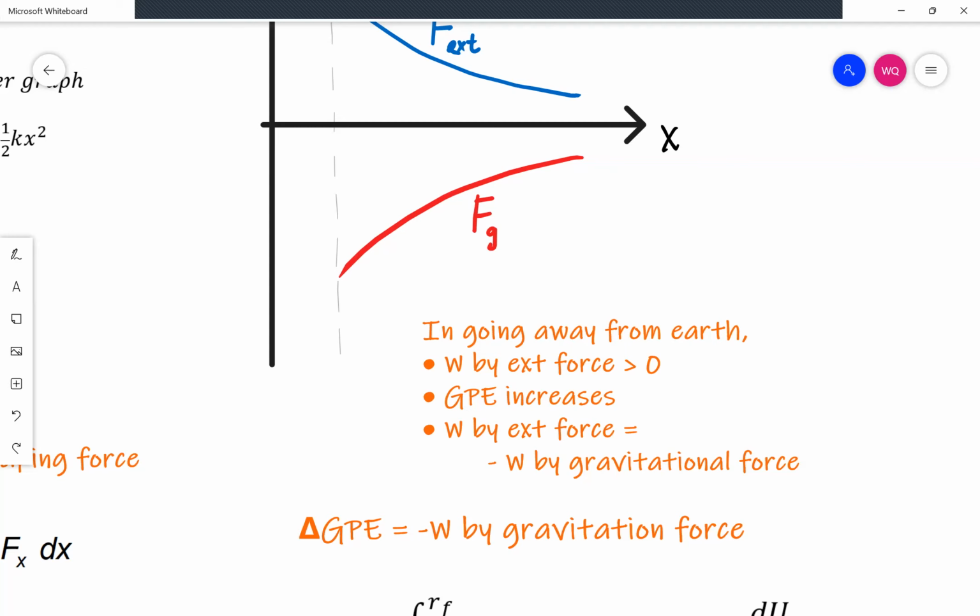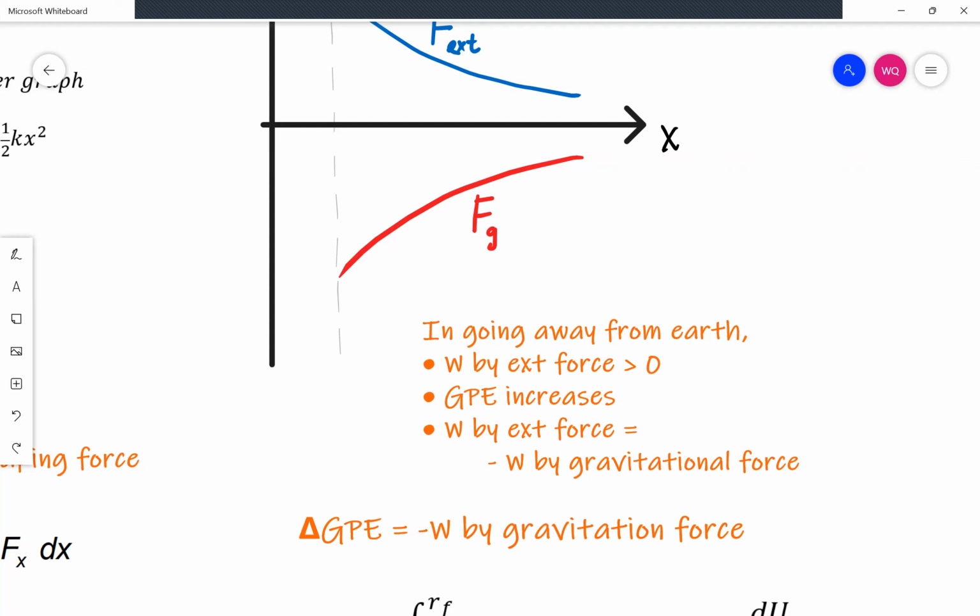With these 3 points together, how can we say what is the change in the GPE? The change in GPE is equals to the work done by the external force, which is also hence equals to negative of the work done by gravitational force. Let me repeat myself one more time.